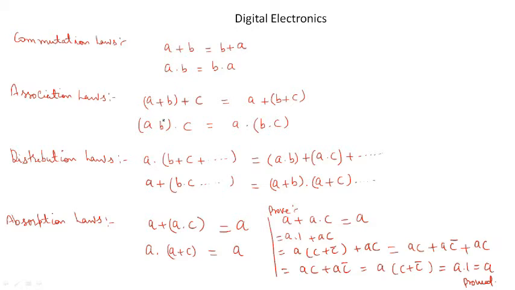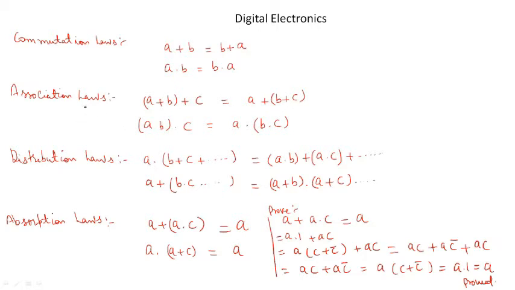Similarly, for the AND operation, if the positions of the inputs are interchanged, then the output under the AND operation will remain the same. So we can write A dot B is equal to B dot A.